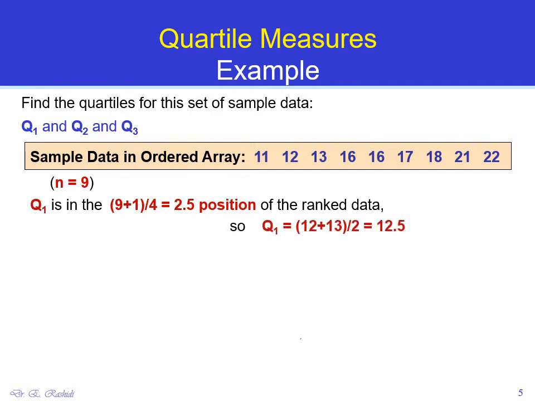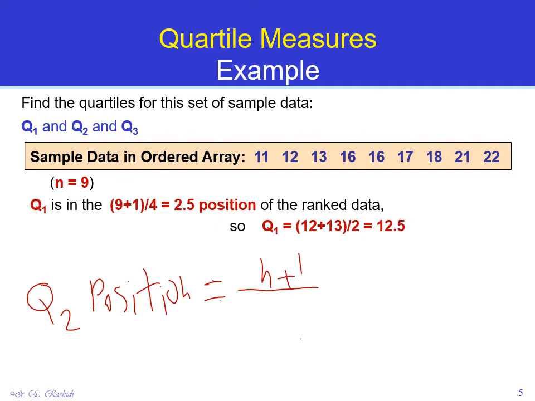Okay, let's now compute the second quartile. Q2 position, which is also the median. We have to use the formula n plus 1 divided by 2. n is 9, so that would be 10 divided by 2, which is 5.